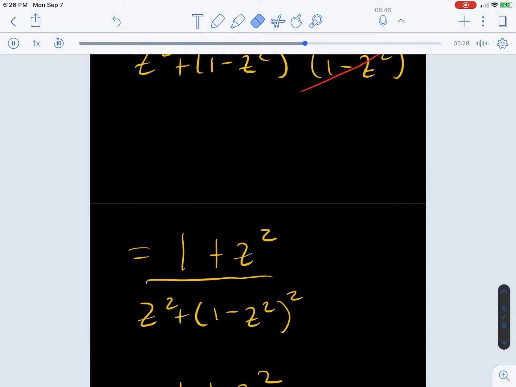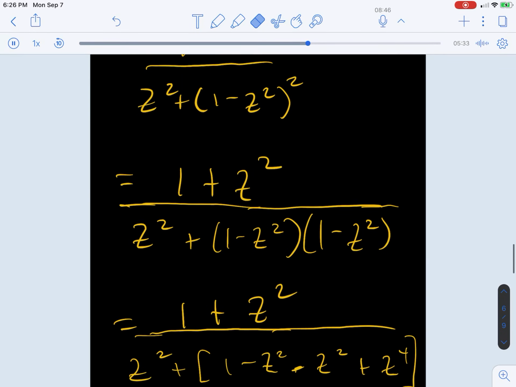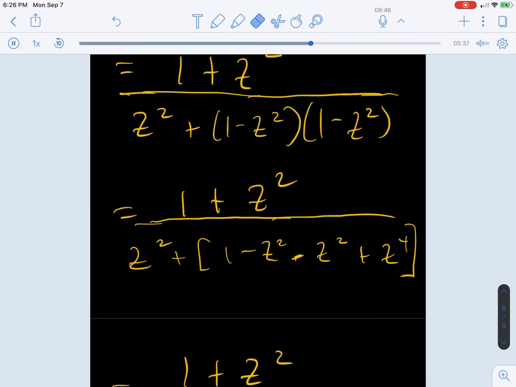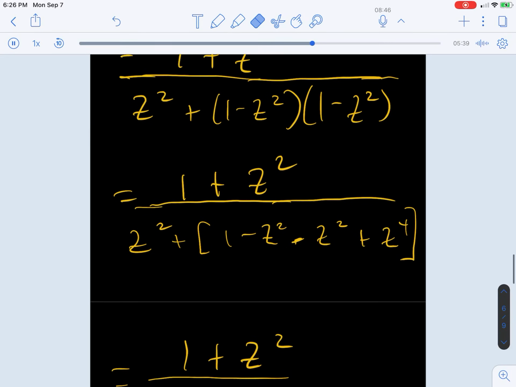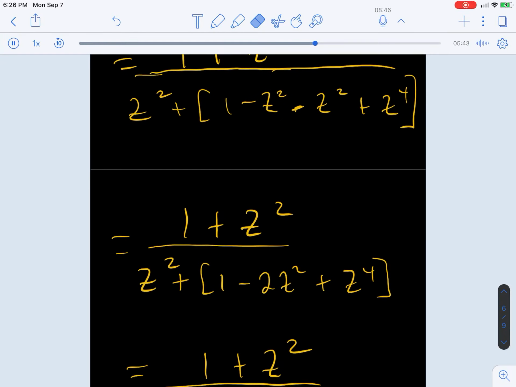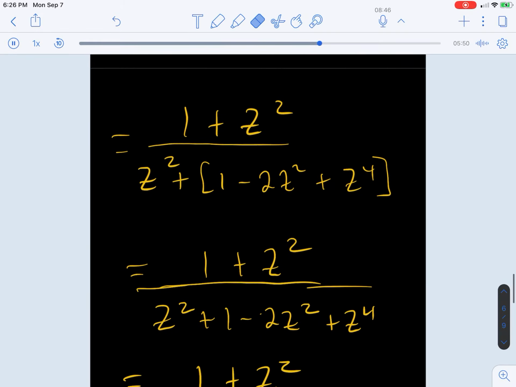And here I'm going to use a little algebra. I'm going to FOIL it out. I keep all my information together in brackets. Minus z squared is minus 2z squared plus z to the 4th.